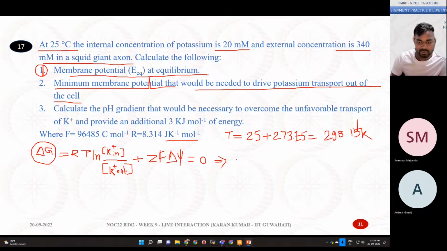R is the universal gas constant, 8.314, multiplied by T, which is 298, then ln of inside, 20 millimolar, divided by outside, 340 millimolar, plus Z. Z is the charge on the potassium ion, which is 1, into the Faraday constant, 96485.